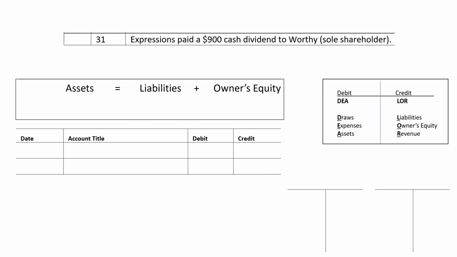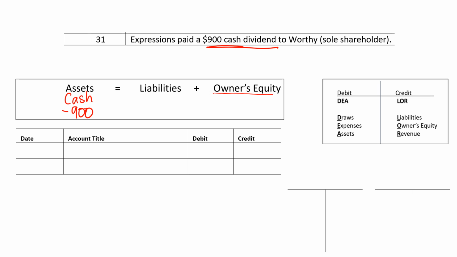Also on December 31st, Expressions paid a $900 cash dividend to Worthy, who was the owner, the sole shareholder. So we know that cash is decreasing. Cash is an asset. It's decreasing by $900. Where dividends fit into this is under owner's equity.